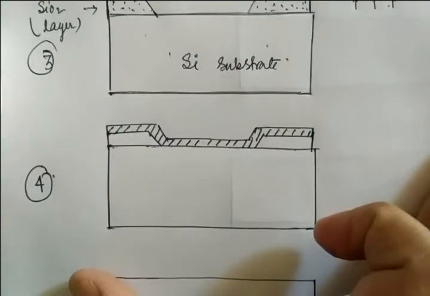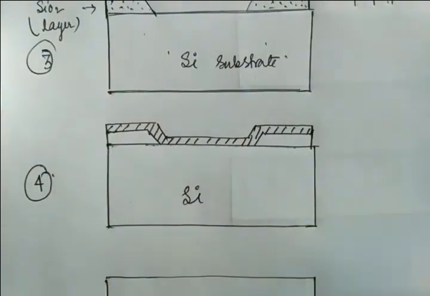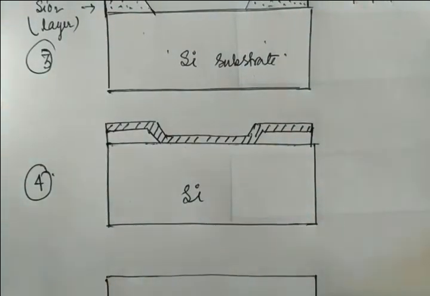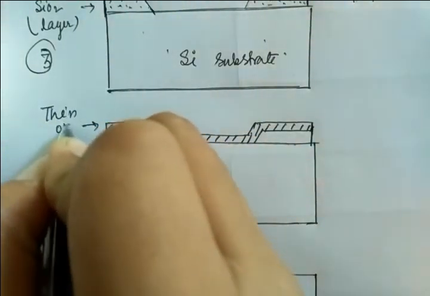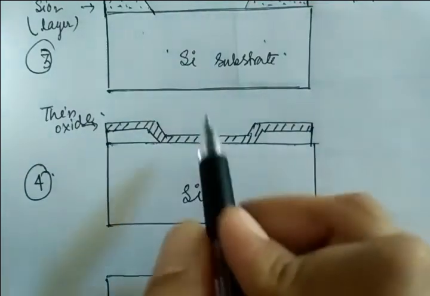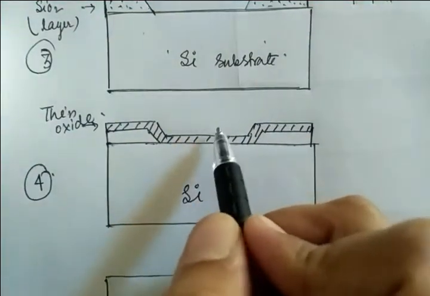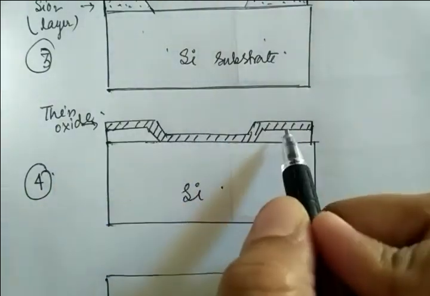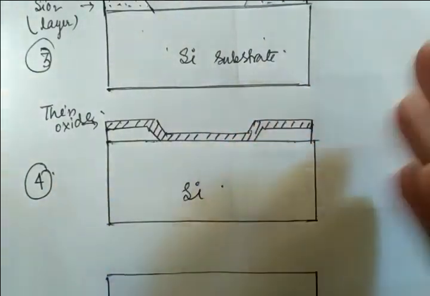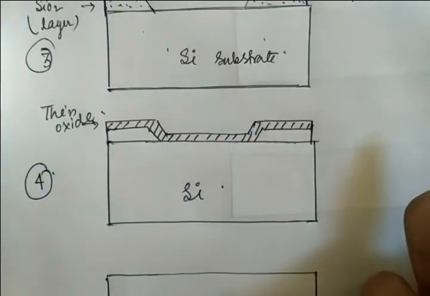So this is your structure: the silicon substrate, and this is the thin oxide layer. Why is this? Because the gate terminal is not directly connected to the silicon substrate. So you have to deposit some layer, and then you have to etch away the portion that is not required, right?